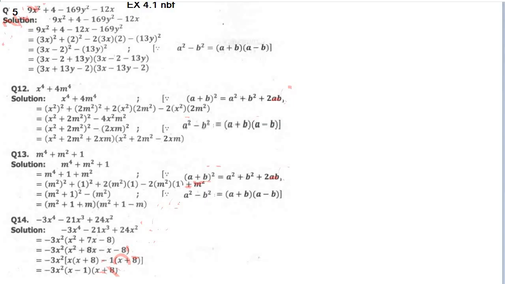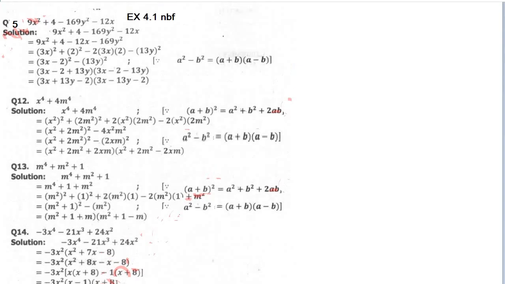Now in these questions we have to arrange our terms. How will you arrange them? You will arrange them according to their variables. 9x square plus 4 minus 169, and here is 12x.